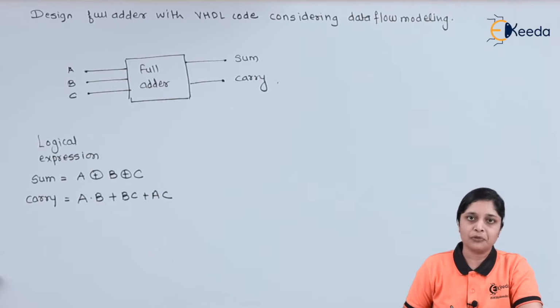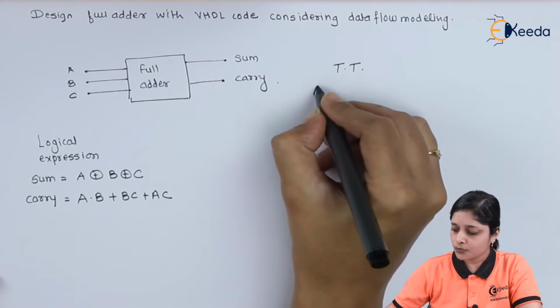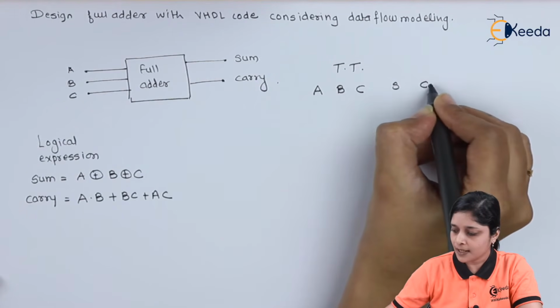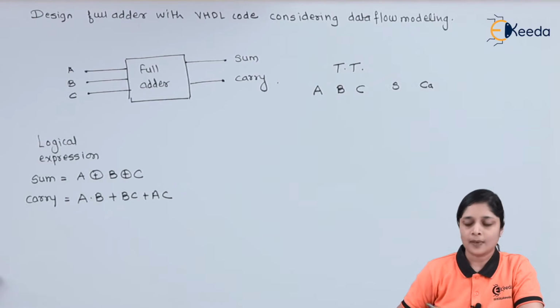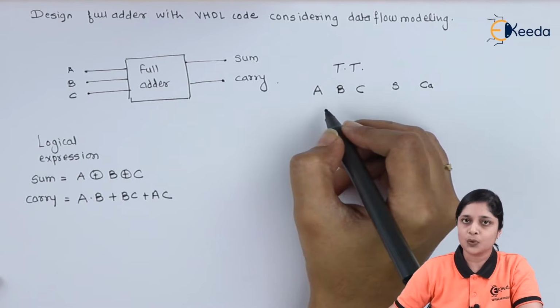Now after that you have to draw the truth table. The truth table consists of three inputs A, B, C and outputs sum and carry. Three inputs, so possible combinations are 8, 0 to 7.